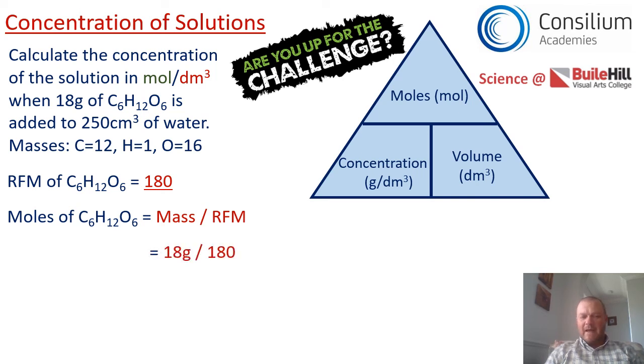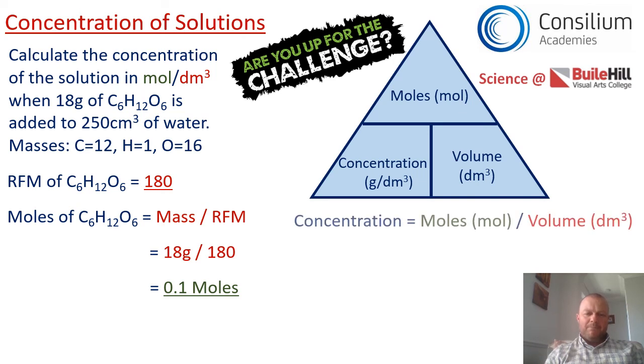That will be 18 grams divided by 180, which means we've got 0.1 moles of the compound. What we've done is turned the grams into moles, and that was important because it wants us to give our answer in moles per decimeter cubed.